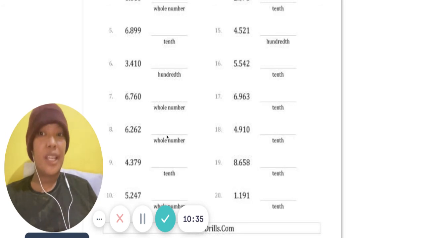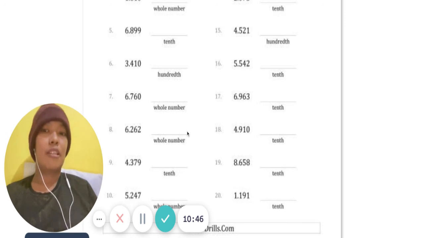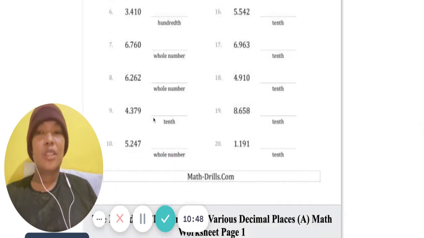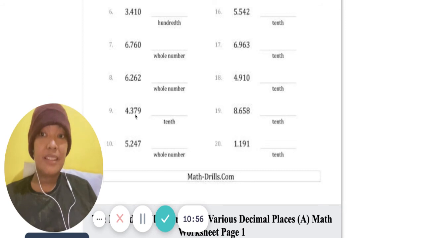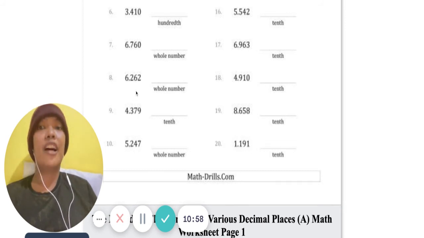So, number 8, 6.262. So, whole number again. So, ang tingin, decimal point, and kanan, 2. 2 is less than 5, so you retain 6. So, your answer is 6 or 6.00. Tatlong 0 ulit. Okay? Last two numbers, 4.379. Nearest tenth, so that is 3. Ang katabi po ng 3 is 7. Ano po yung gagawin? Rounding up, you add 1.